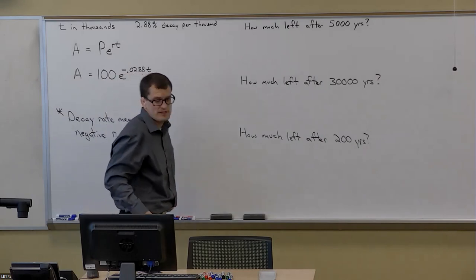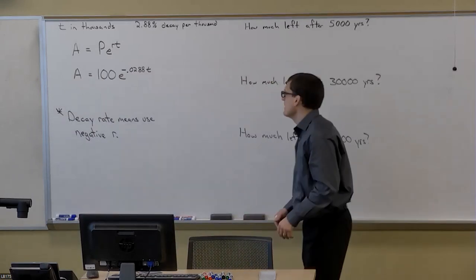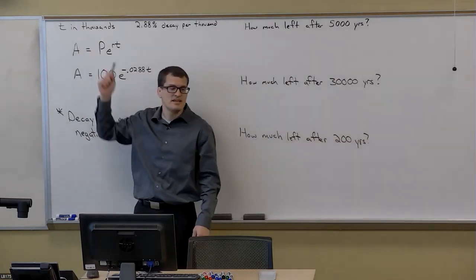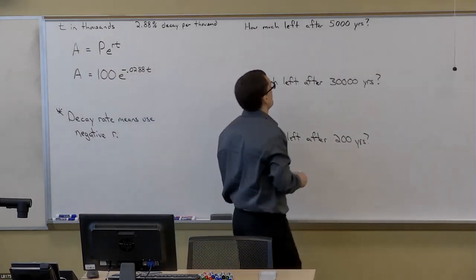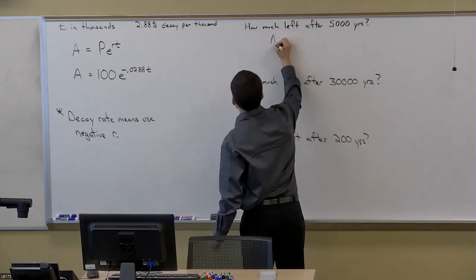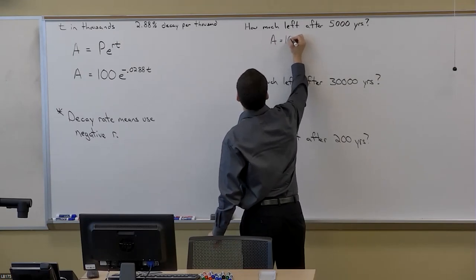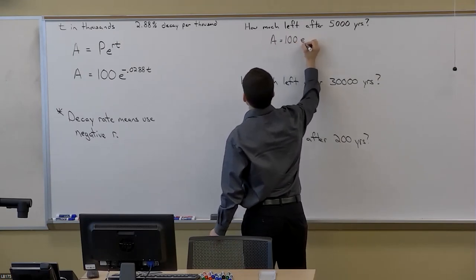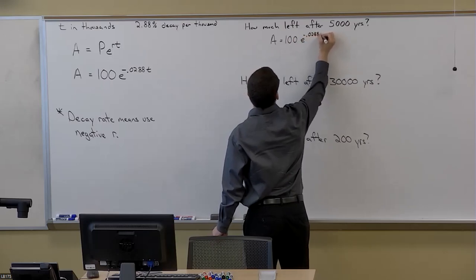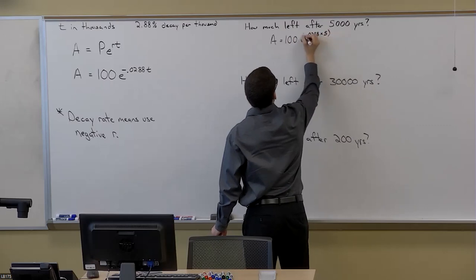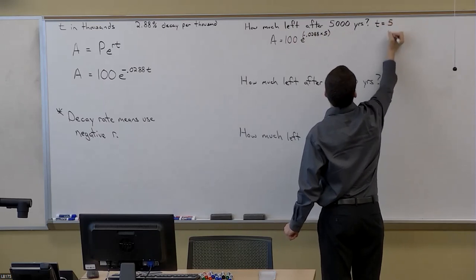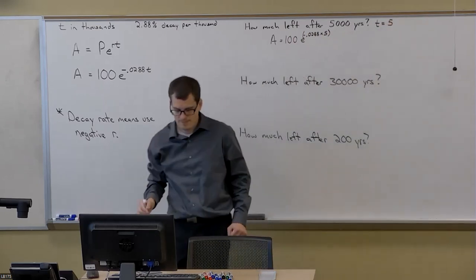All right, let's go through these examples. Now, the key thing here is that the T we're using is in thousands. So when it says how much is left after 5,000 years, 5,000 years is a T of 5. Right?